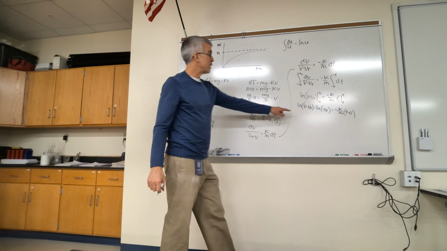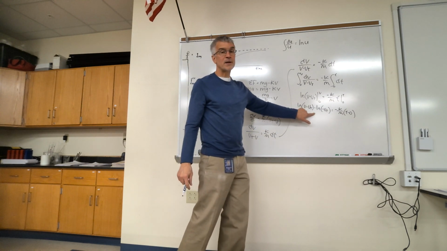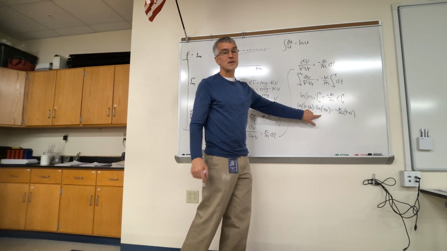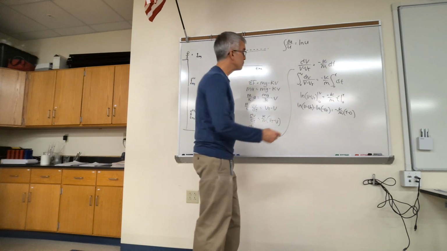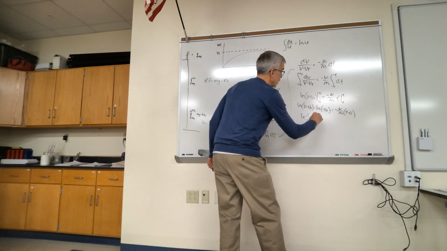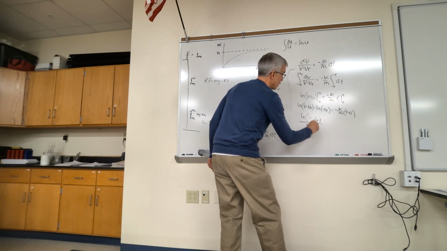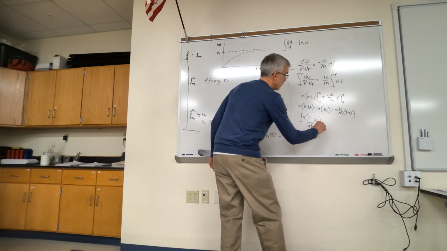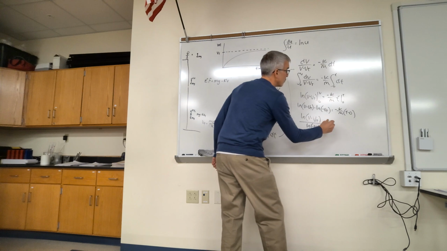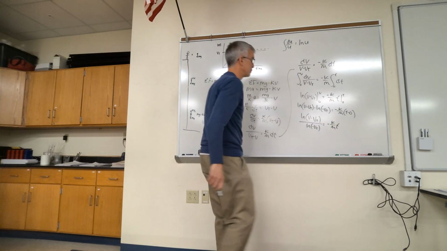Now there's a rule about natural logs. The natural log of a minus the natural log of b is the same as the natural log of a over b. So I'm going to rewrite this as the natural log of v minus vt over negative vt equals negative k over m times t.